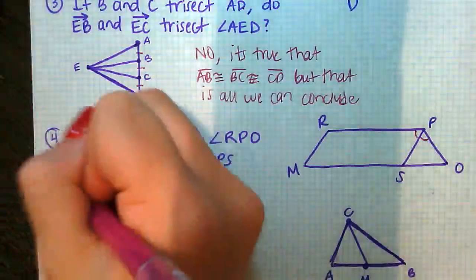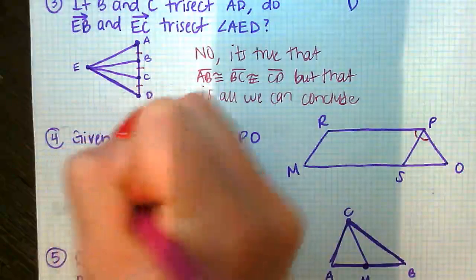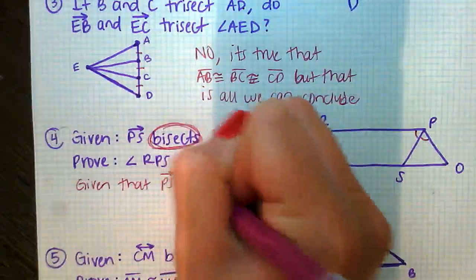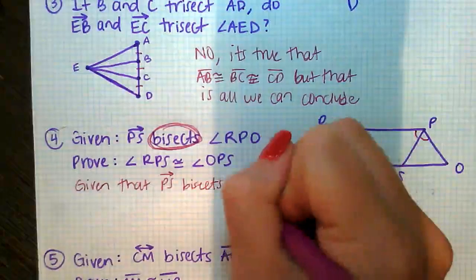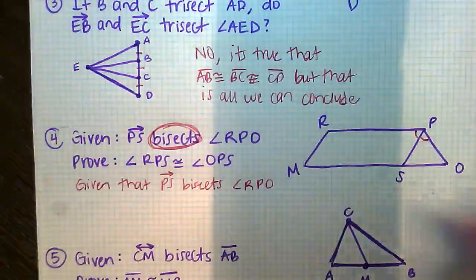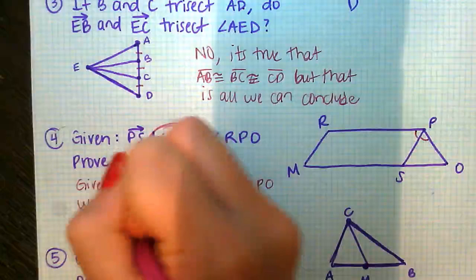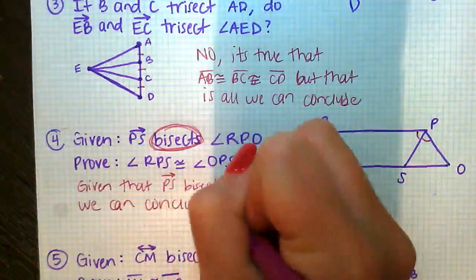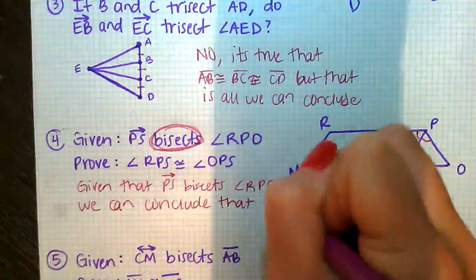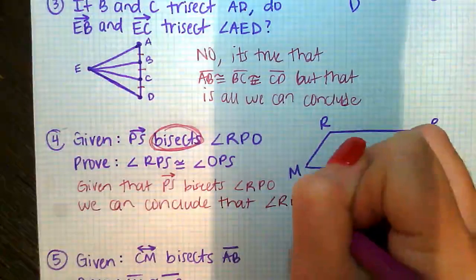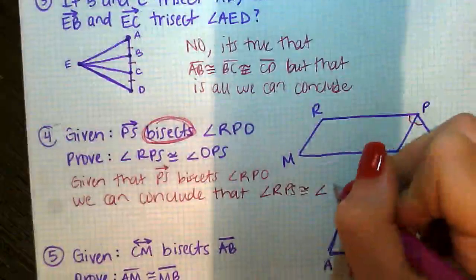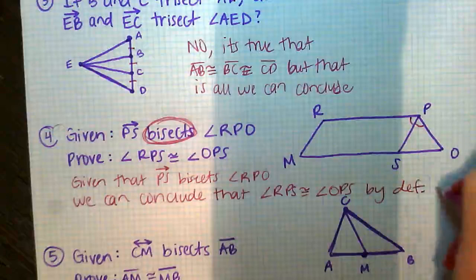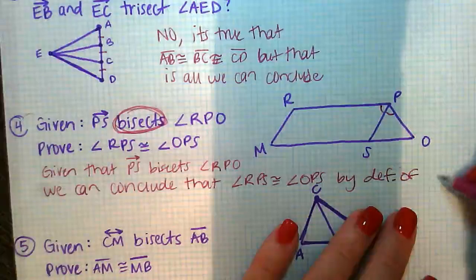So I can state the following. Given that PS bisects angle RPO, we can conclude that angle RPS is congruent to angle OPS, by definition of angle bisector.